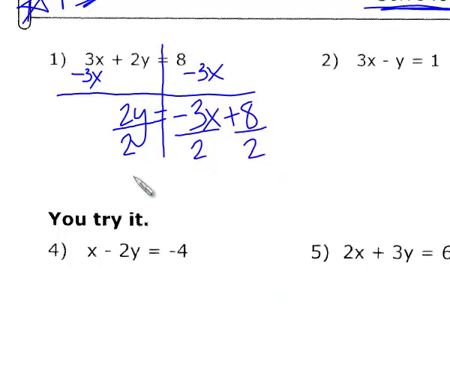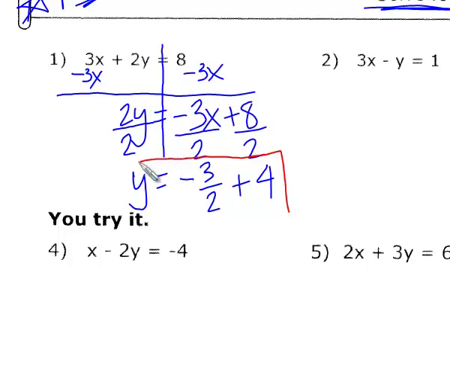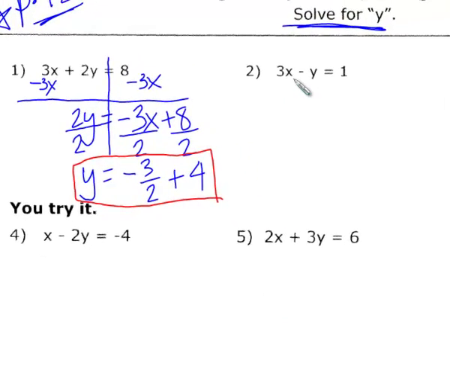So I have y equals, and this negative 3/2 cannot be reduced any further. So I've got negative 3/2 plus, then I have 8 divided by 2 gives me 4. So this is my final answer for number 1.